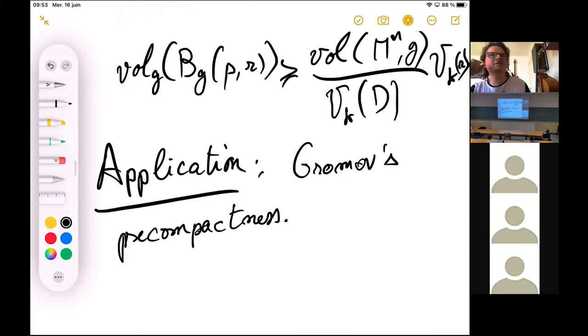In the first lecture, I stated that to have compactness in the Gromov-Hausdorff topology, you need the existence of an N for each epsilon, such that there is an epsilon network with at most N points.